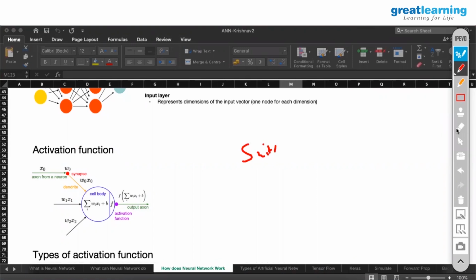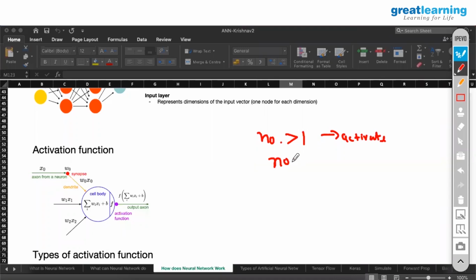Now, let me define one activation function right away. We will design a function which says if my number is greater than 1, then I will activate that neuron and pass the number to the next neuron.